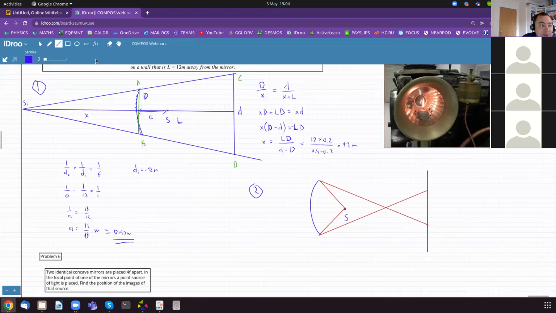This is the image, S1. So light travels like this and produces an image on the screen.